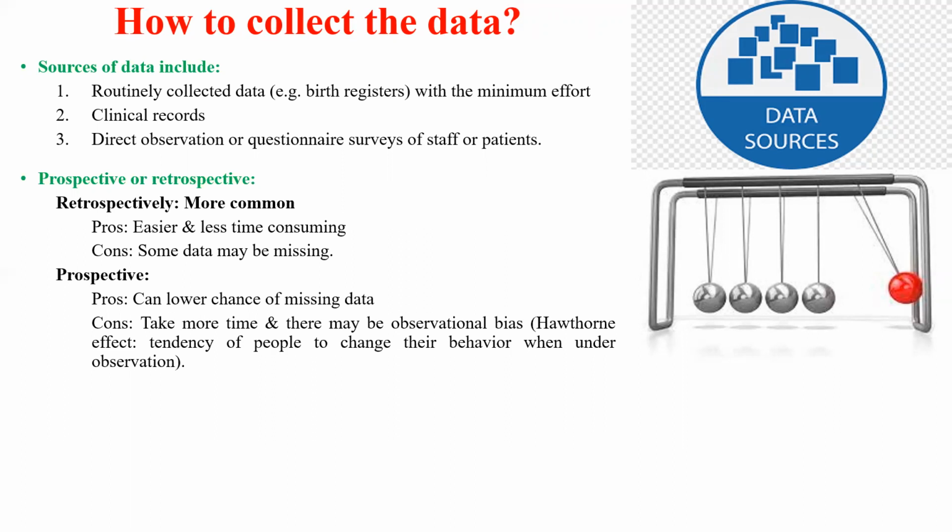The second way of collecting the data is the prospective way. The advantage is that it can lower the chance of missing data. But the disadvantage is that it takes more time, more cost, and there may be observational bias. Why? Because there is a tendency of people to change their behavior or attitude when they know that they are under observation. So this is how to collect the data, either prospective or retrospective.